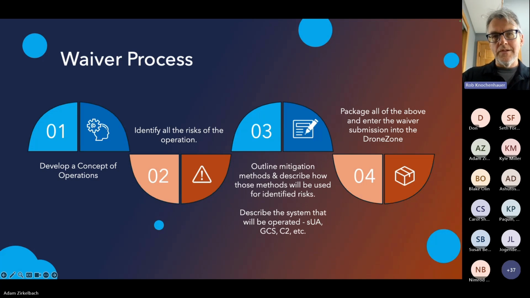But the questions are discrete questions looking for very direct answers. Even though those direct answers are probably in the concept of operations and the risks and mitigations, I find it useful to reiterate those points to answer the discrete questions asked by the FAA in the waiver safety explanation guideline questions.